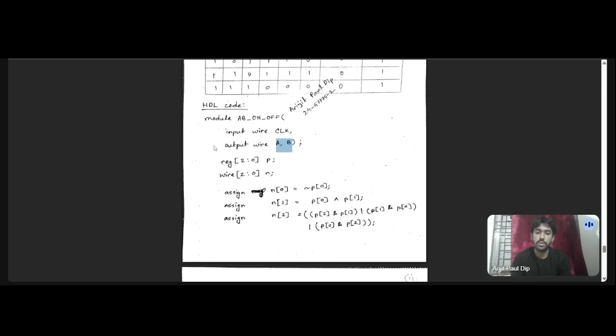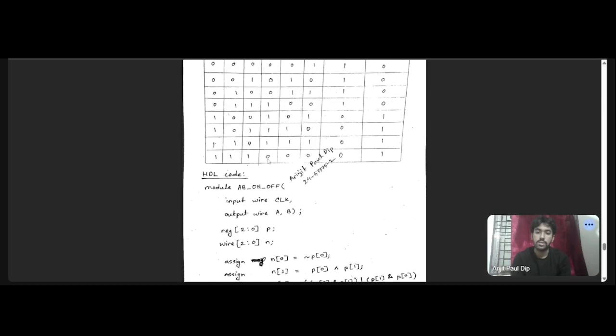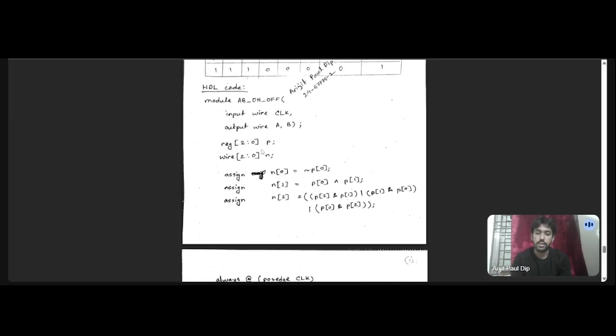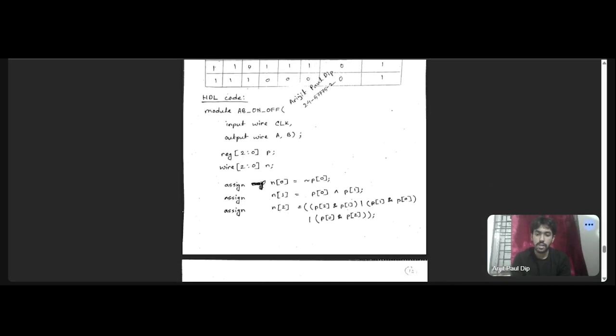So in the module we assigned three registers, named P, to store the three present states. Then we created a variable named n, which is of type wire, which also stores three values for the next three states.